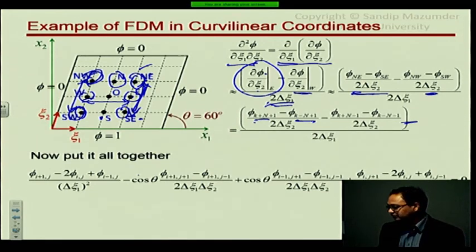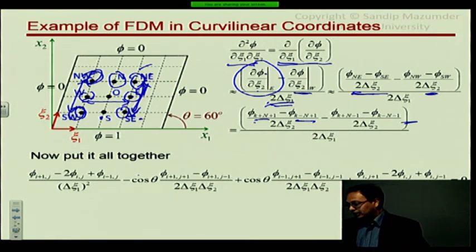Let's see what I've done here. Yes, I've just written out these two terms separately and put them all together into the same equation.